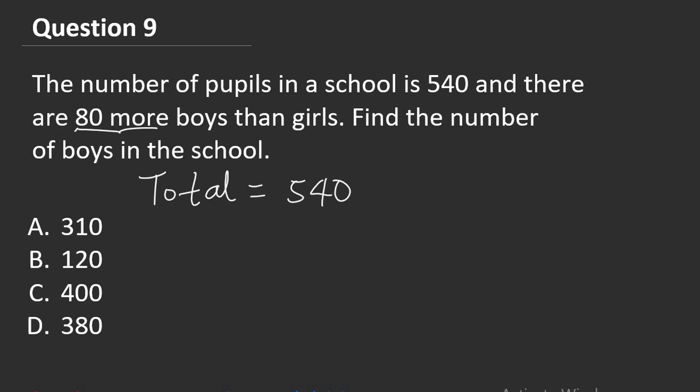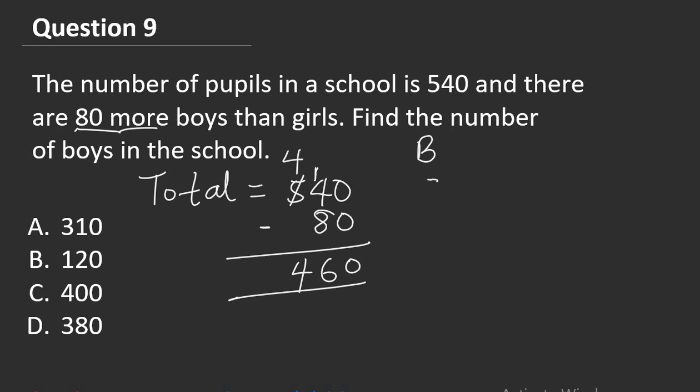Whenever you come across the word more, before you distribute or share the numbers, you must subtract the more. 540 minus 80, which is the more. 0 minus 0 is 0. Borrow 1 from 5, 4. Put it here, 14. 14 minus 8 is 6. Bring down 4, 460.